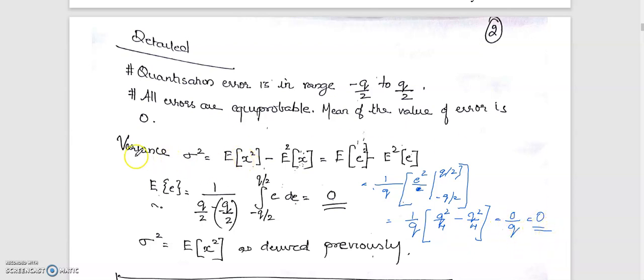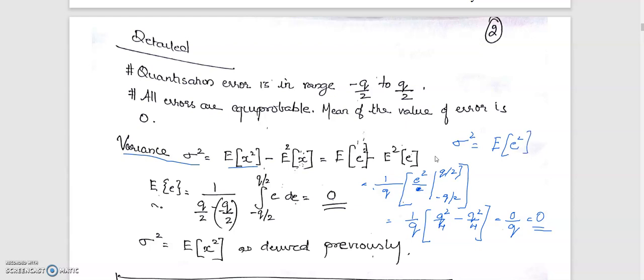So when we look over here, the formula for variance is sigma square, which is equal to expected value of x square minus expected value of x the whole square. Now we have found that expected value of E is equal to 0. So what remains here is the variance sigma square, which will be equal to expected value of E square.